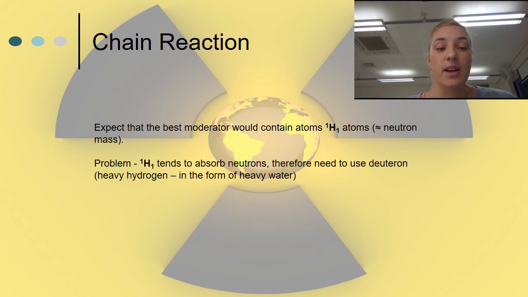Now the problem with that is that hydrogen also tends to absorb neutrons, so we need something a little bit heavier. So what they use for that is heavy hydrogen, which is called deuterium. And they use that in the form of heavy water, deuterium, which doesn't absorb the neutrons and really acts to slow them down enough for them to be absorbed.